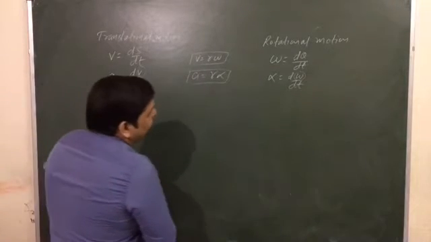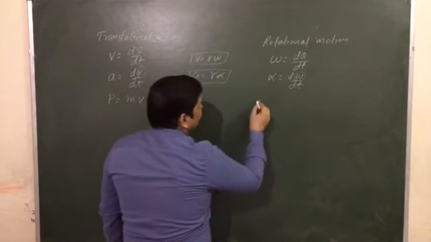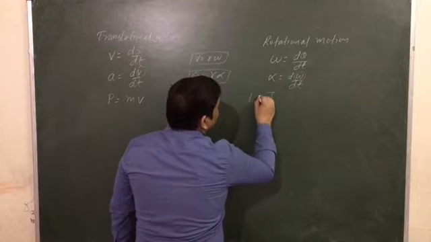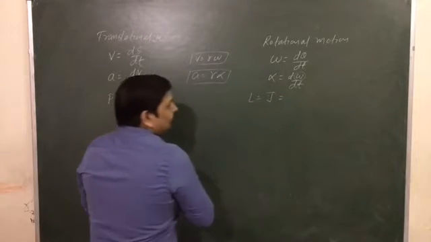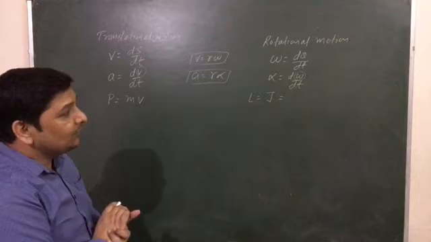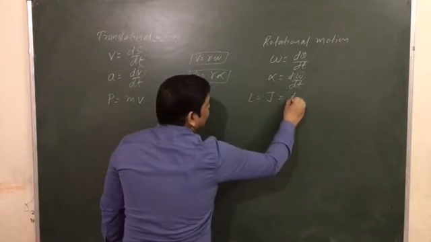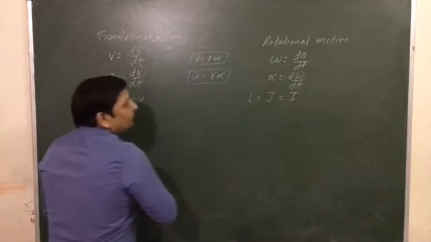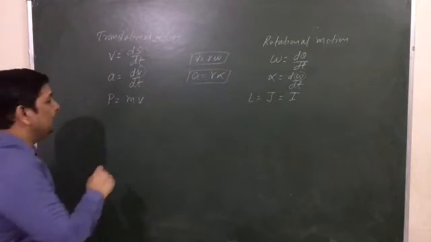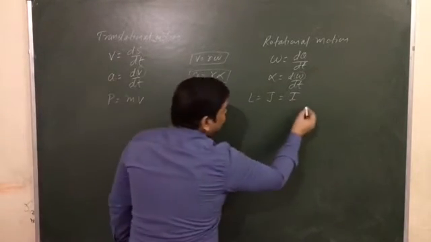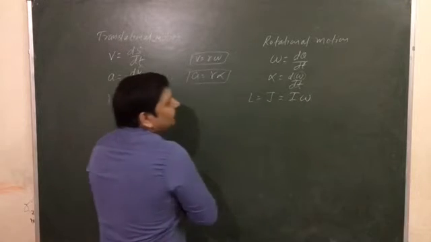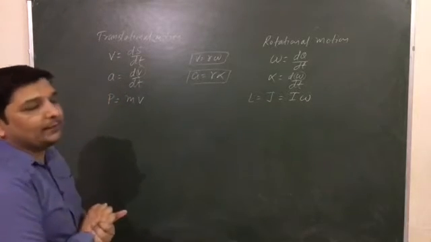On the other hand, in rotational motion, we use angular momentum, J or L, and angular momentum is given by I into omega: mass is replaced by moment of inertia I, and linear velocity V is replaced by angular velocity omega.